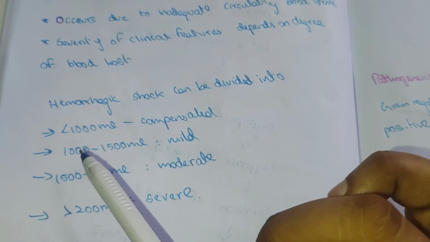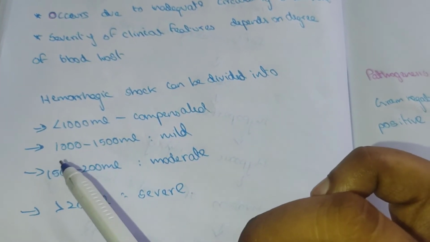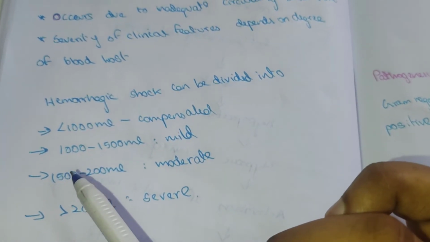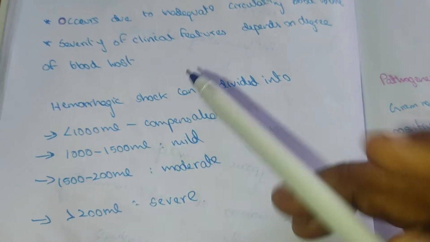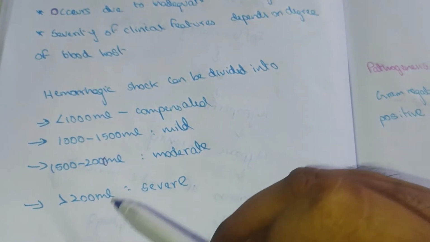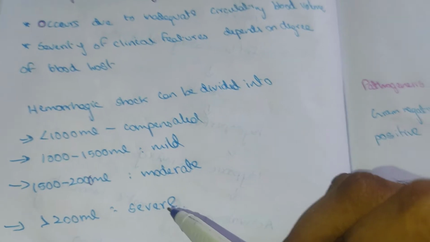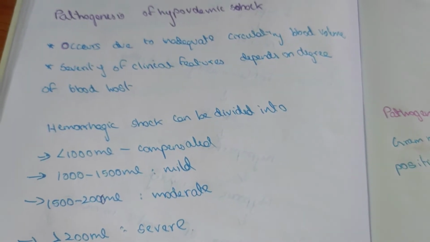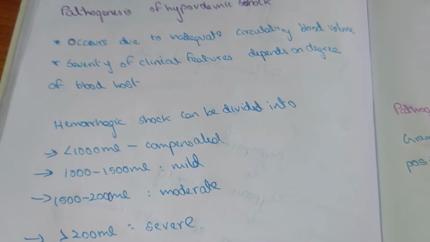When the blood lost is 1000 to 1500 ml, there is a mild shock. When 1500 to 2000 ml, there is moderate shock. More than 2000 ml leads to severe conditions. This is the pathogenesis of hypovolemic shock.